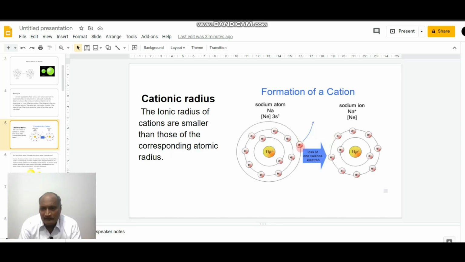After the removal of the electron in the valence shell, no doubt the net nuclear charge of sodium increases.